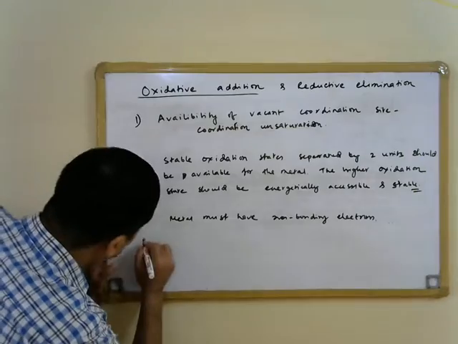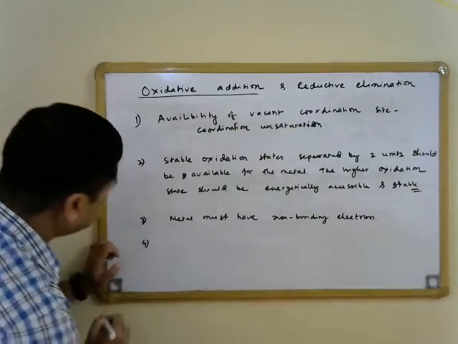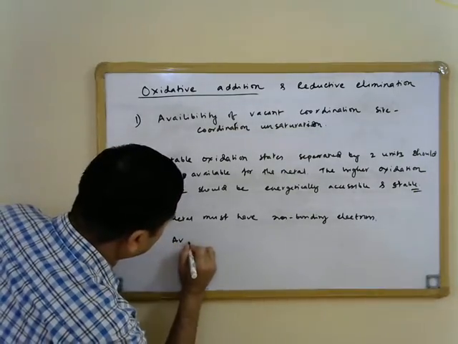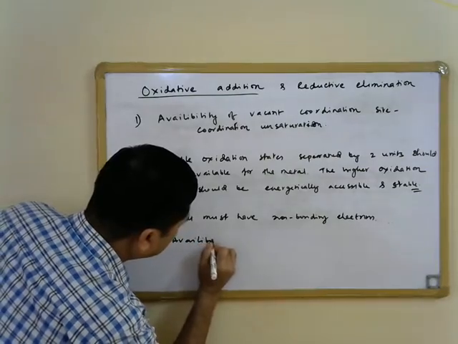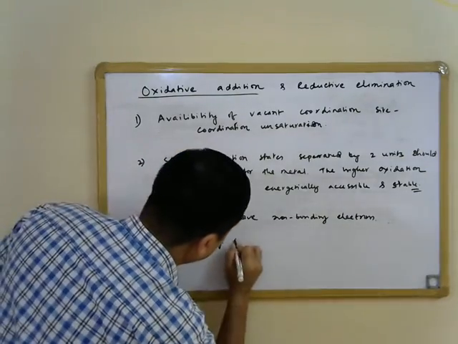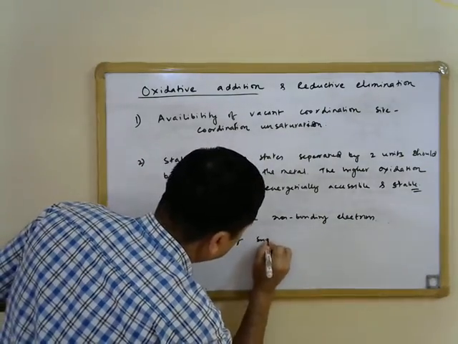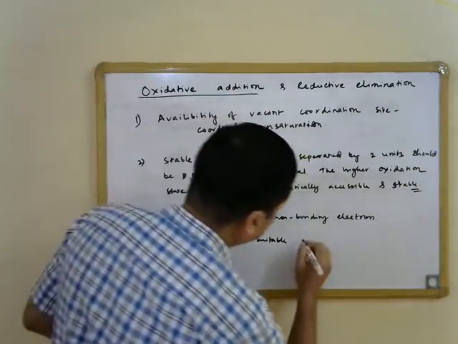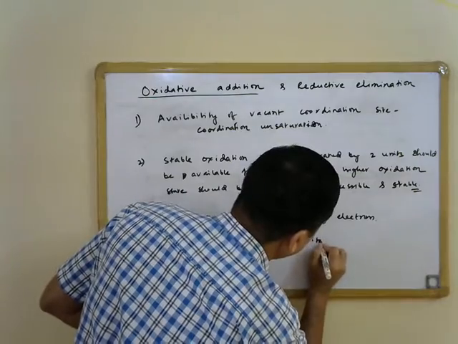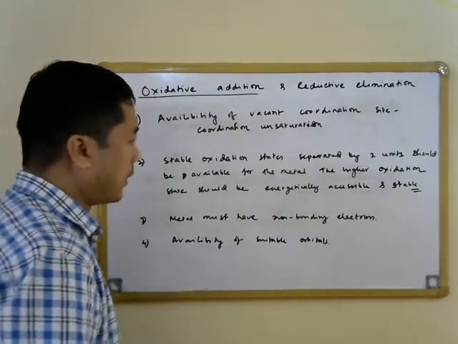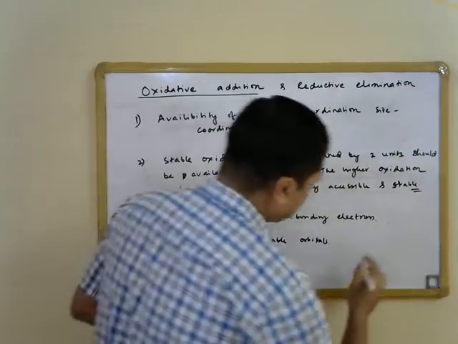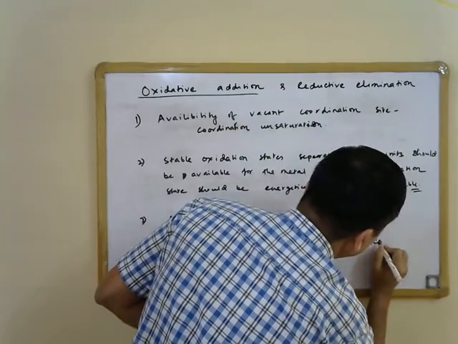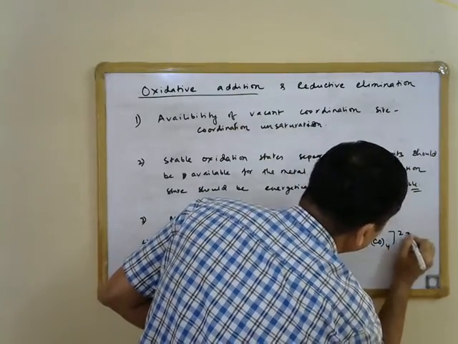And the final condition is regarding availability of suitable orbitals. Now if we can give one example, that is Fe(CO)4 2-, say.